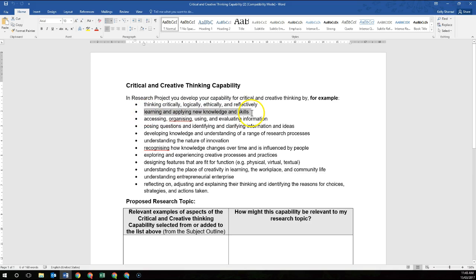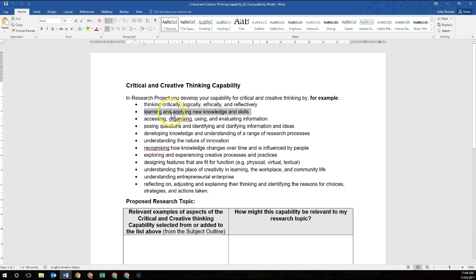Looking at the next dot point, learning and applying new knowledge and skills. During research project, you are constantly going to be learning about new knowledge and you're going to be applying that new knowledge and potentially skills to help further your research. So you might develop this by saying, I plan to develop my learning of new knowledge by expanding my research processes to include processes such as video documentaries or the EBSCO database.